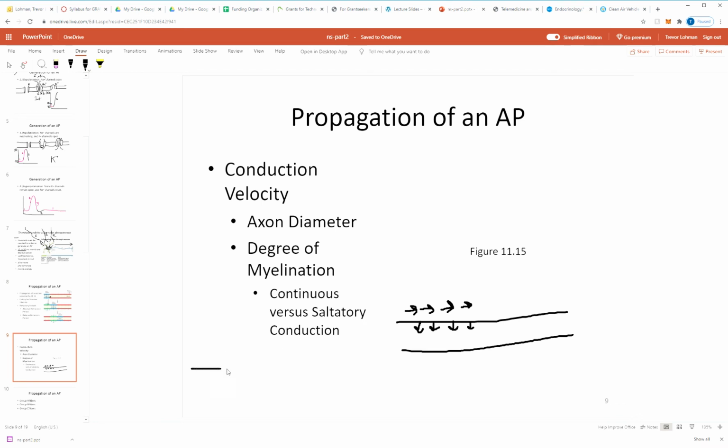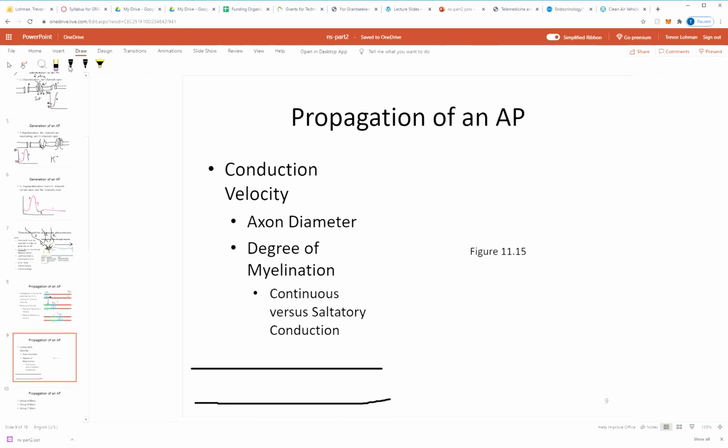Saltatory conduction is a little bit different. So we have the same axon. Let me get rid of this stuff. But now let's say we're in the peripheral nervous system, so we have Schwann cells. What's interesting about these Schwann cells is now all we have to do is create an action potential here. The sodium diffuses rapidly to the next section because this is completely non-permeable to ions, and then we get a new action potential.